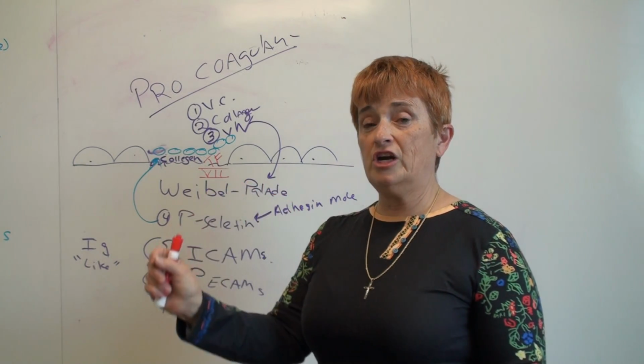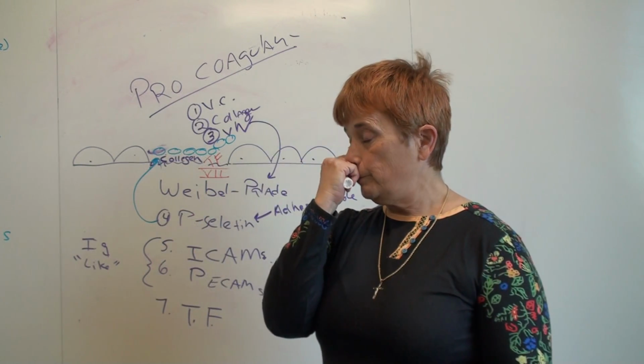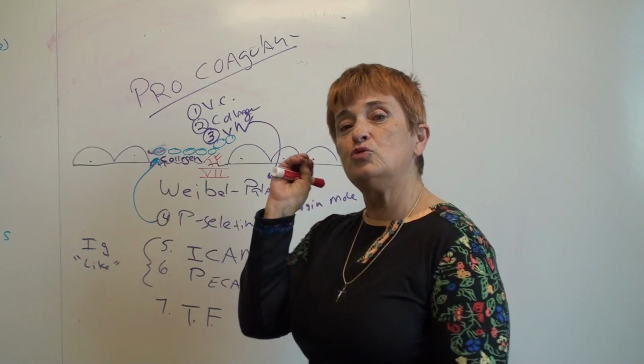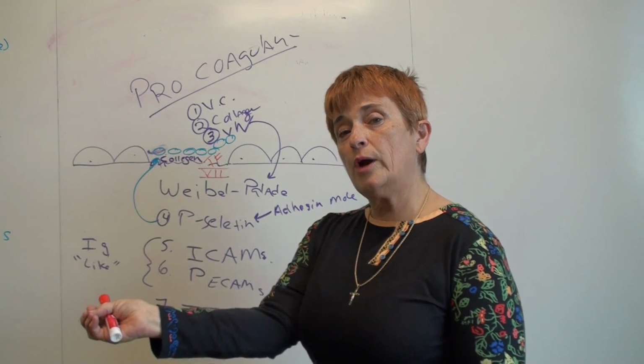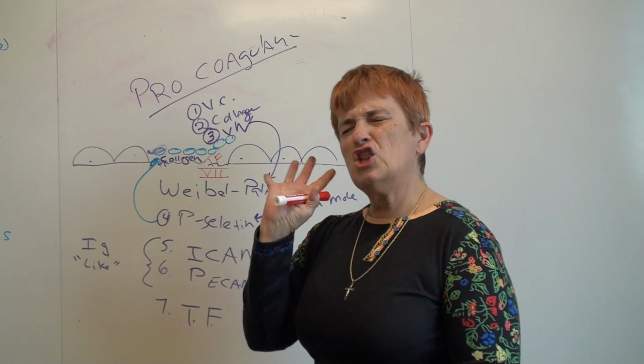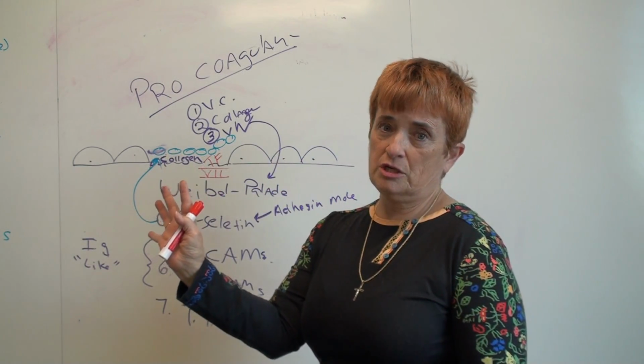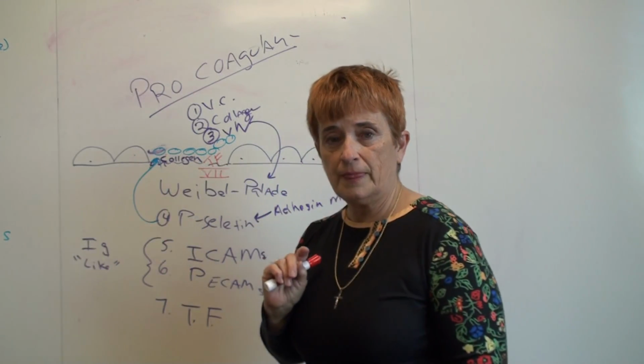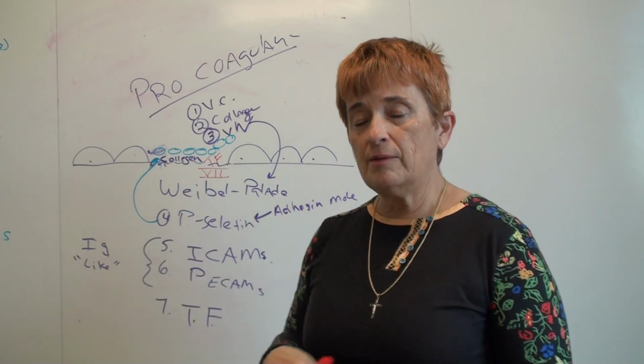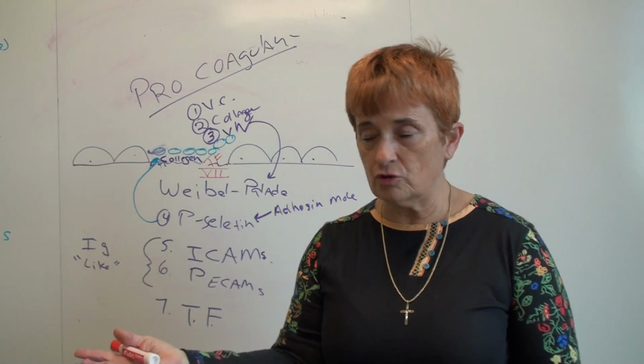So it's very precarious, and you have to really know and remember that in large amounts of inflammation, I'm going to have tissue factor. In a sepsis, I'm going to have tissue factor.